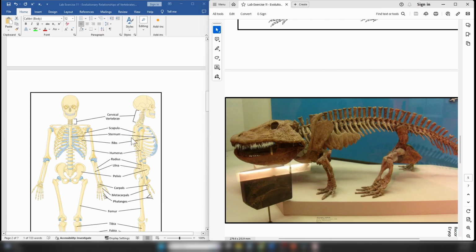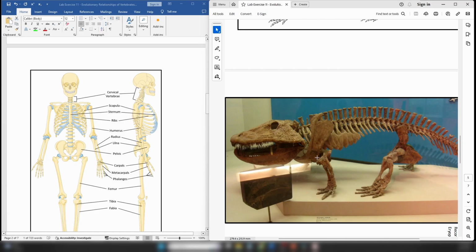The one thing I'm going to note is that the sternum of the Eryops skeleton is not present. It could be they didn't have one, or it could be that that bone is missing from this particular example, but nevertheless, the sternum is not present, so you don't need to label that. All the other bones, however, should be present on this skeleton. And that, once again, is another strong indicator that humans are very distantly related to this group of amphibian-like reptiles.